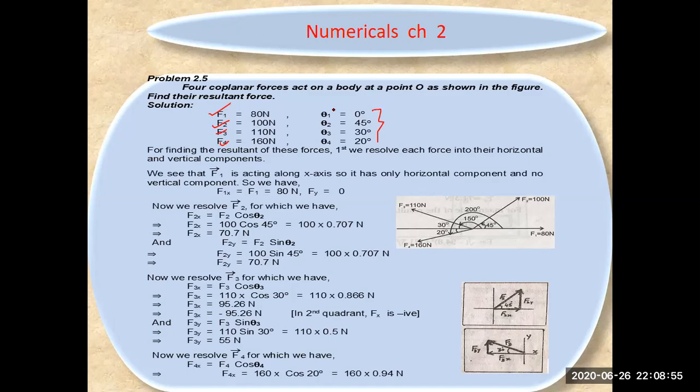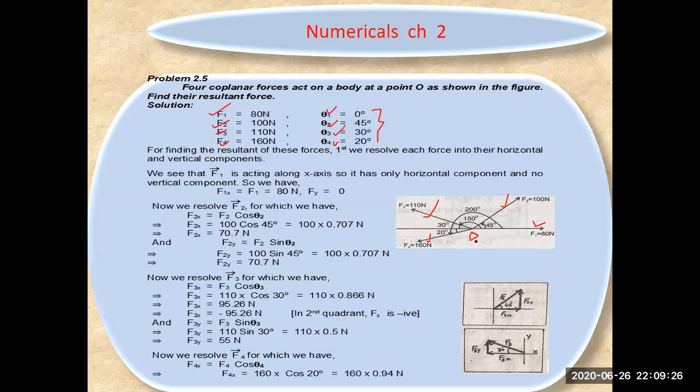Force one is acting at angle 0, the other one is acting at 45 degrees, the third one is acting at 30 degrees, and the fourth one is acting at 20 degrees. So here are the forces 1, 2, and 3, and here is the fourth force. These all forces are acting at the point origin O.